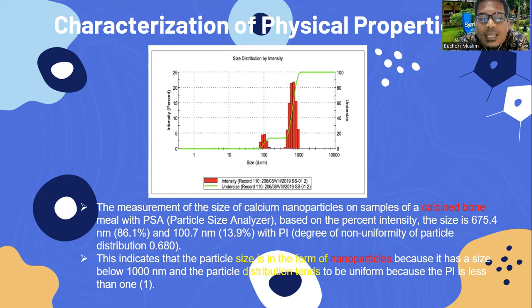This indicates that the particle size is in the form of nanoparticles because it has a size below 1000 nanometers, and the particle distribution tends to be uniform because the PDI is less than 1.